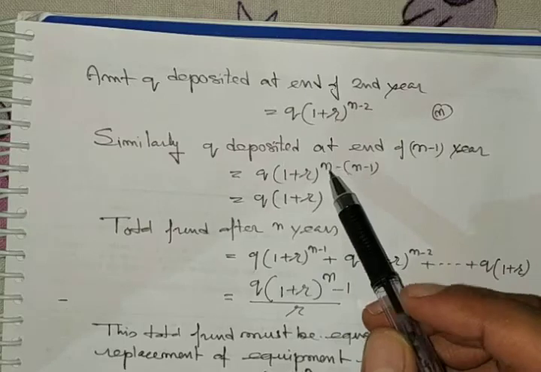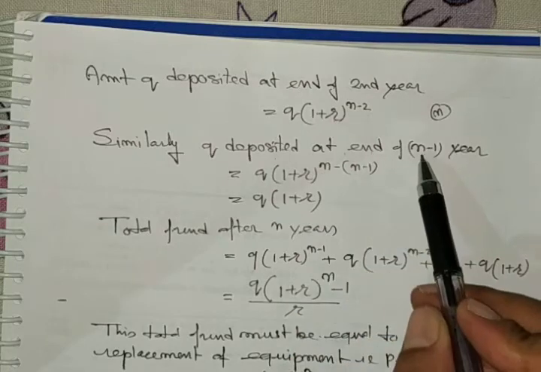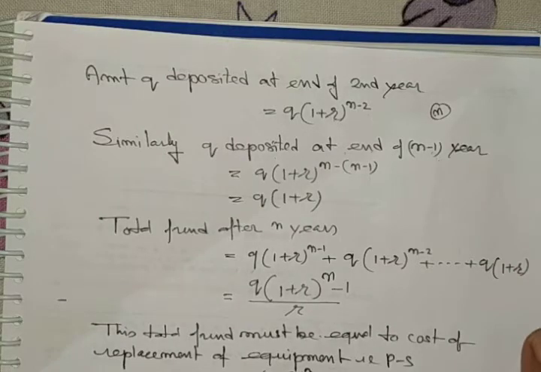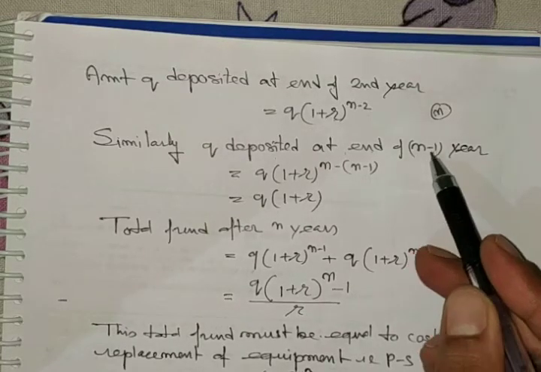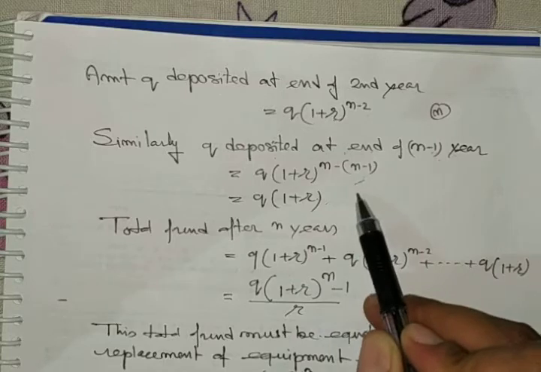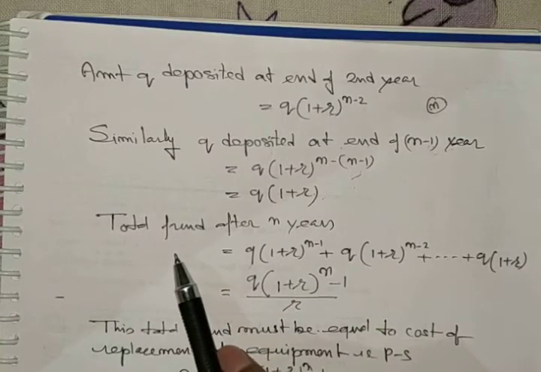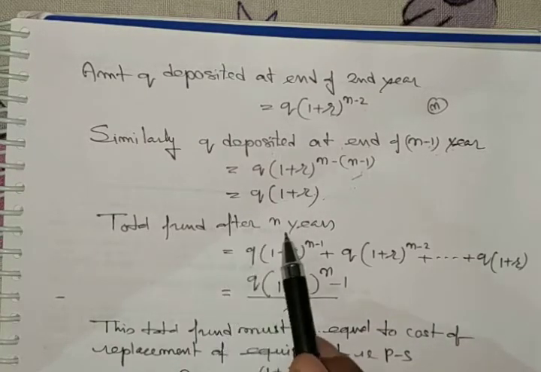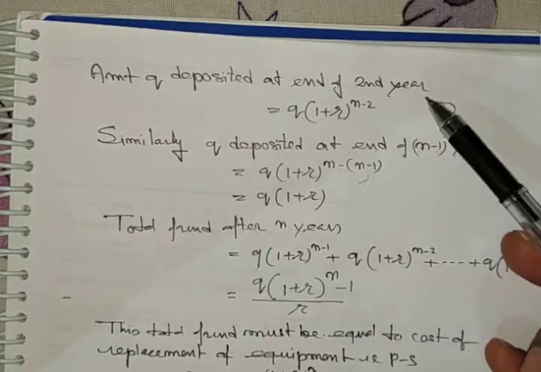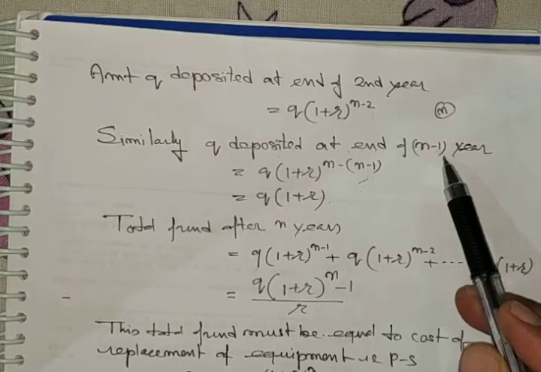Like that, you will get Q deposited at the end of year n minus 1, that is, the year before the last useful year, the nth year, and it will be Q into 1 plus R. So now the total fund after n years will be the summation from the first, second, third, fourth up to n minus 1 years.